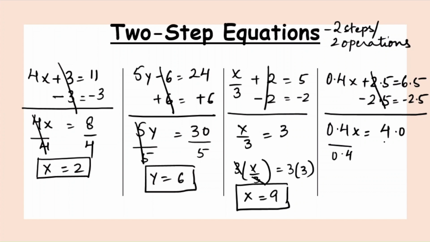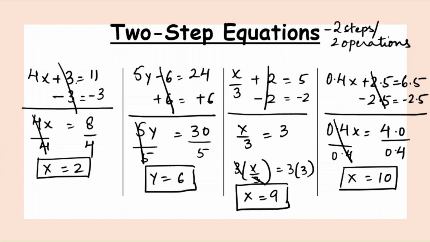Divide by 0.4 on both the sides. This gives me 1. 1x equals x, and 4 divided by 0.4 is 10. You can do it on your calculator. So the value of the unknown x comes out to be 10.